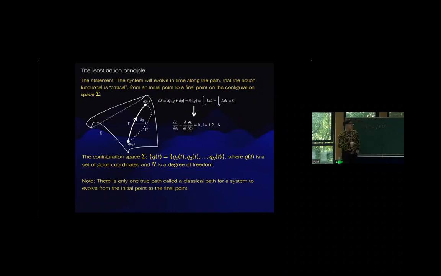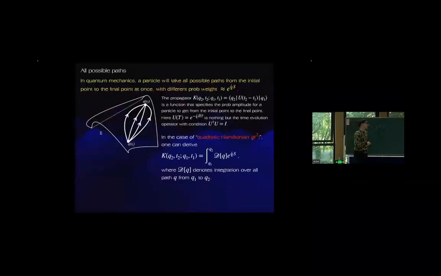But when we move to the quantum level, we have a new object, which we call the propagator, which you can construct from the time evolution operator. In the quadratic Hamiltonian case, we can derive that your propagator can be expressed in this form.